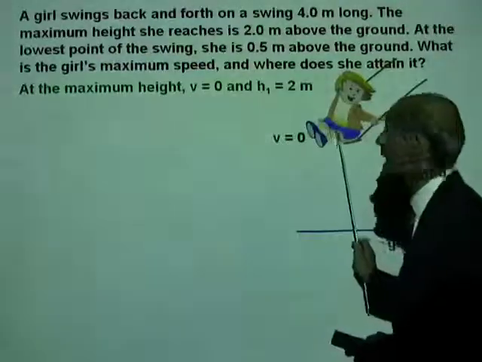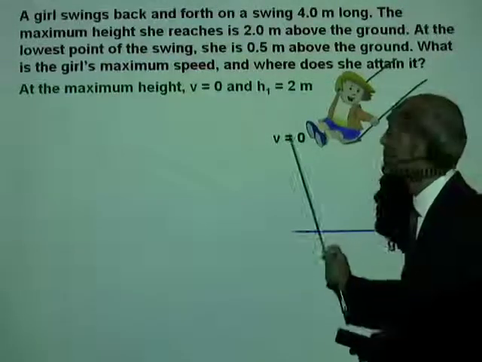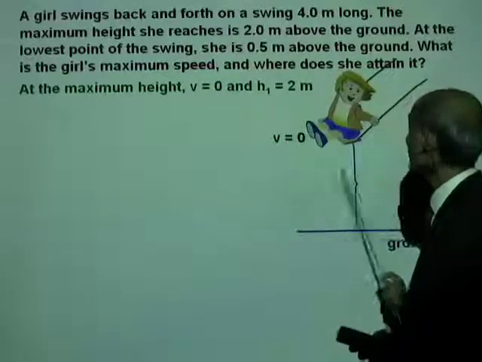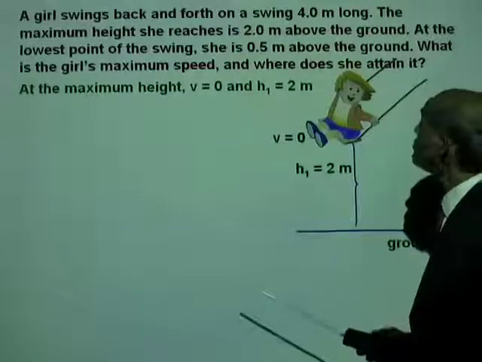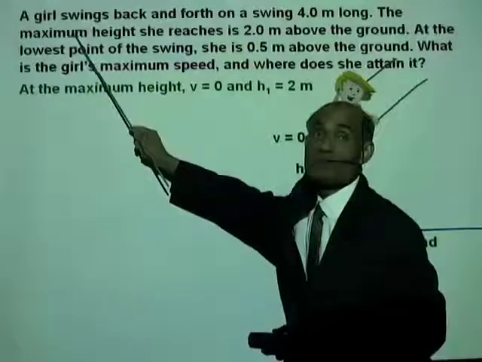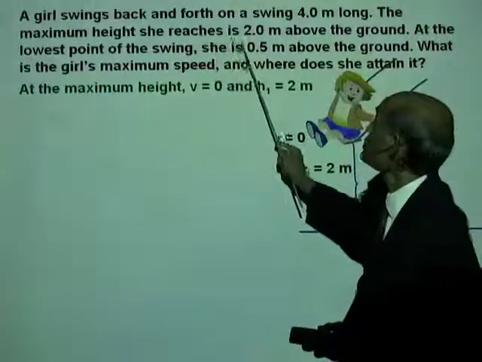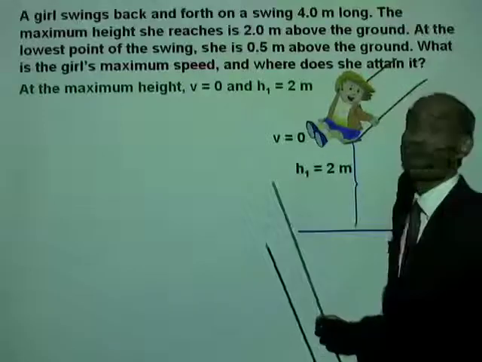So at the maximum height at the left extreme, the velocity is 0 and the height is 2 meters. It says at the maximum height she reaches 2 meters above the ground.